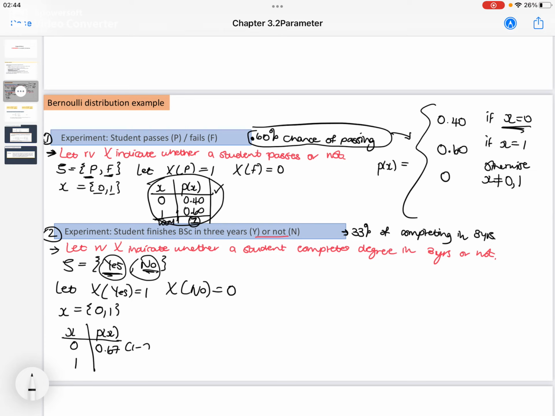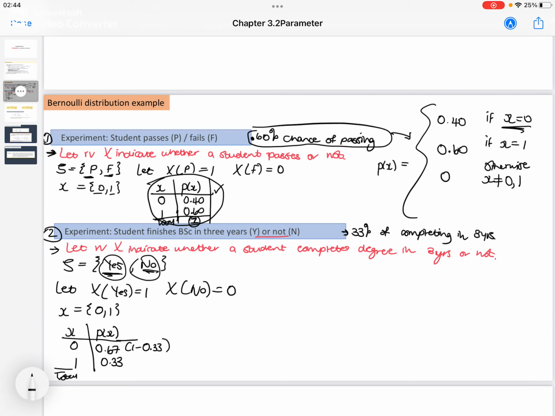So it's 1 minus 0.33. And the probability of observing x equal to 1, that's the probability that a student will complete in 3 years' time, is 0.33.